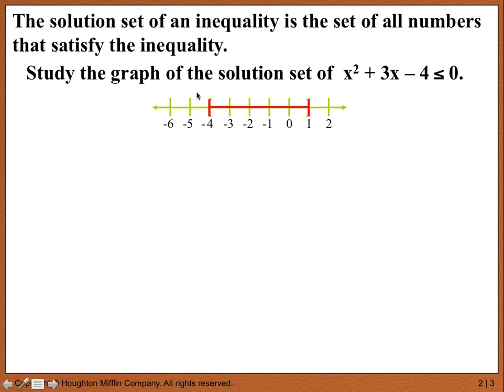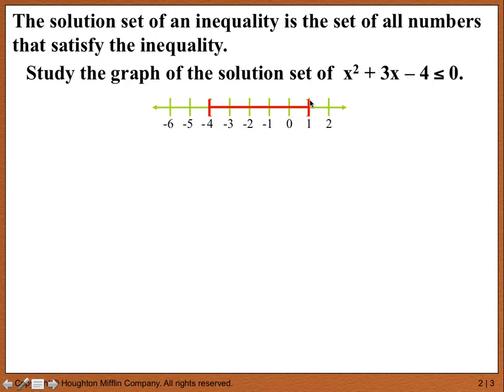A couple things to point out about this particular solution set. First of all, don't worry about how you get it, because we're going to be spending the rest of today on how to find the solution set. But first, let's understand what the solution set means. It means that where this red line is, that red line represents all the x values that will satisfy this inequality.